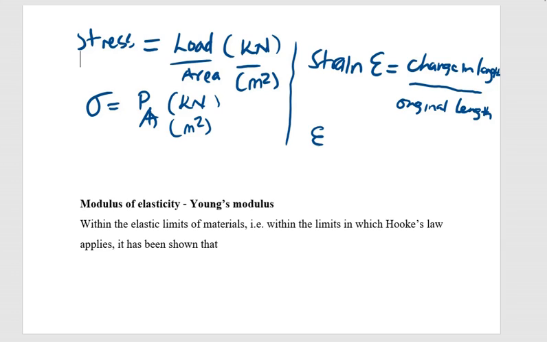So this strain can therefore be given as small change in length divided by original length L. And we said basically this strain can tell us how much deformation of the object has happened when loaded either in a compressive mode or under tension.